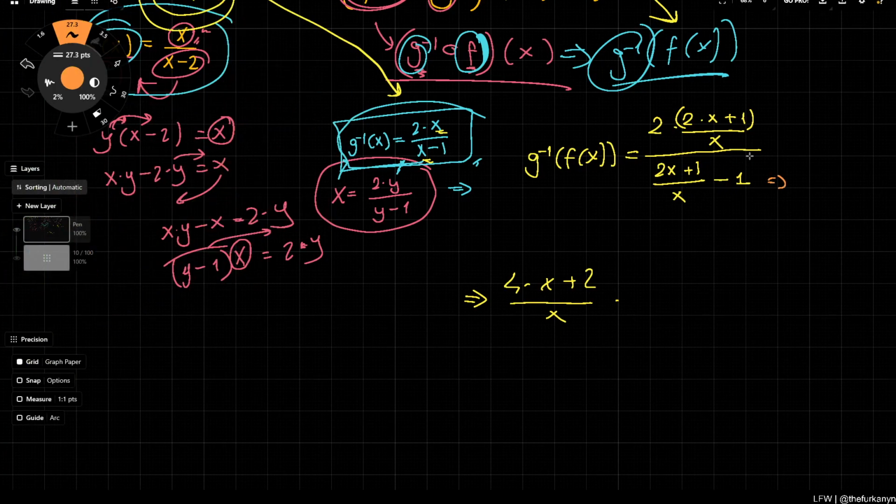So this thing equals 2 times x plus 1 minus x divided by x, right? We're just multiplying this and this. You got it, right? So it goes, and it's x plus 1 divided by x.